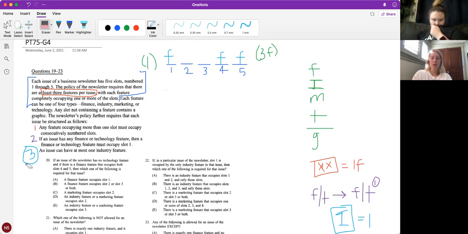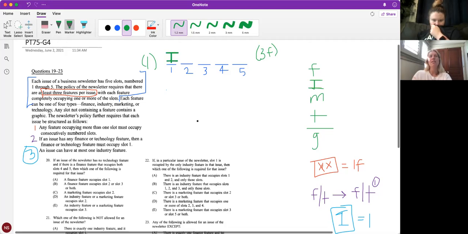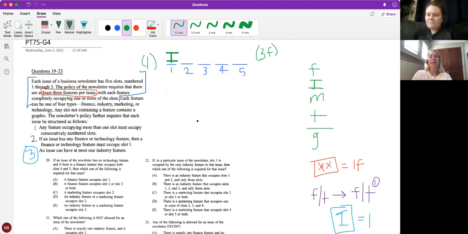If in a particular issue of the newsletter, slot 1 is occupied by the only industry feature in that issue, then which one of the following is required for that issue? So I did miss this one, but I missed it because I knew what the answer was, but it was one of the cases where the answers didn't read like what you were expecting.